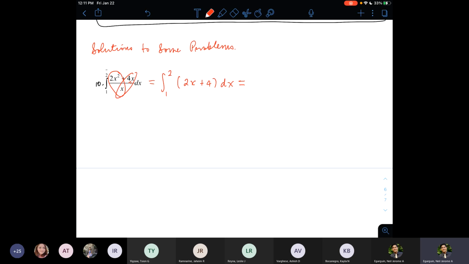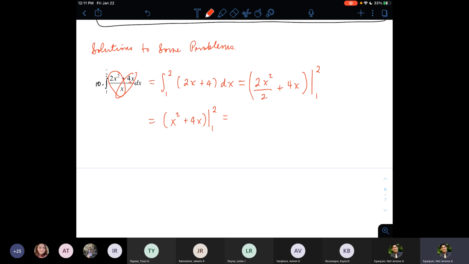So the integral of 2x is 2x squared all over 2. Then the integral of 4 is 4x. But this is a definite integral, so I would need to evaluate everything from 1 to 2, right? But I can simplify first. This would be x squared plus 4x, evaluated from 1 to 2.